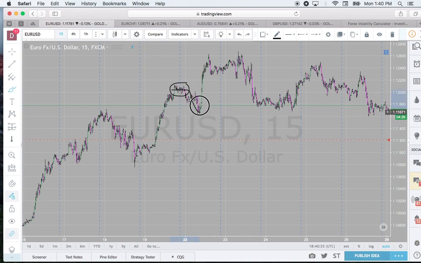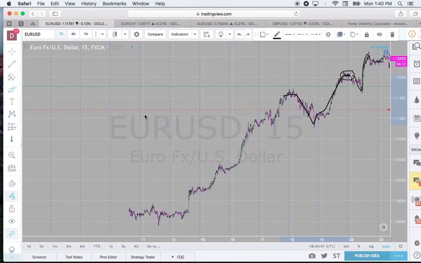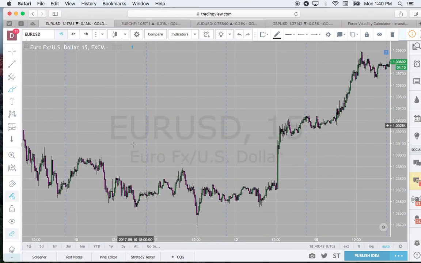Consolidation, hit to the low, hit to the high, consolidation. Consolidation, hit to the low, consolidation, hit to the high, consolidation. They're just different, unique structures mimicking the same concept of fake out to the high, fake out to the low, and then end in consolidation.